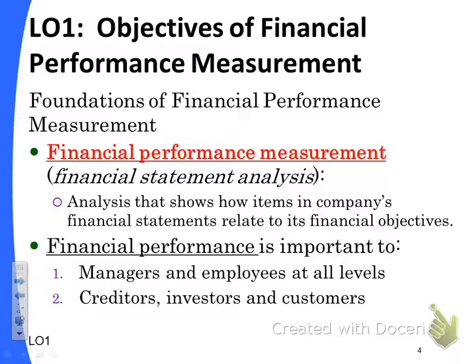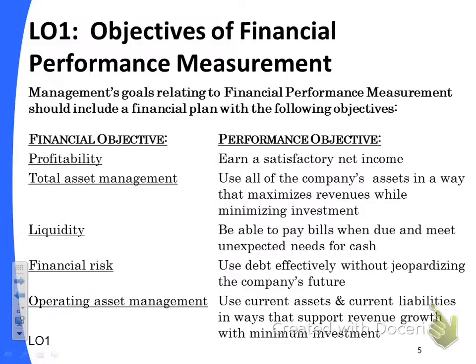Financial performance is important to both managers and employees, and also to creditors, investors, customers, taxing authorities, both internal and external users. So we learned back in Chapter 1 that our company has two primary goals, profitability and liquidity.